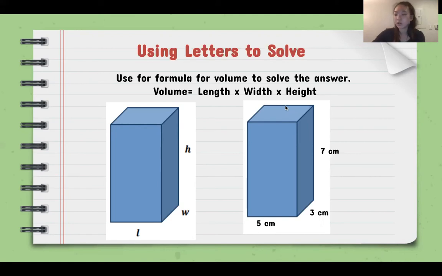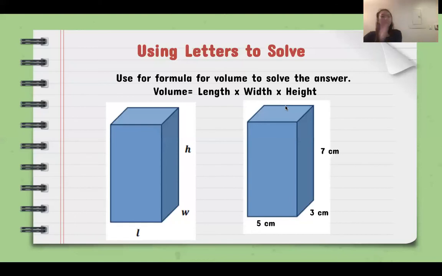So our volume, which is V, equals length times width times height. So I'm going to plug in those numbers. So my length is 5 centimeters times my width, which is 3 centimeters, times my height, which is 7 centimeters. And then when I multiply those all together, it's going to give me the answer.